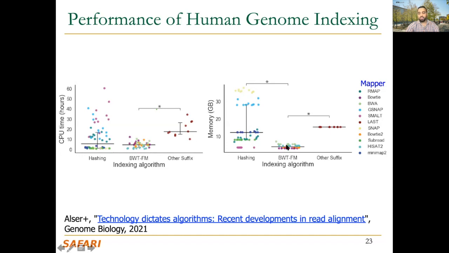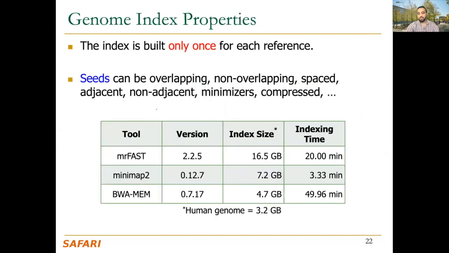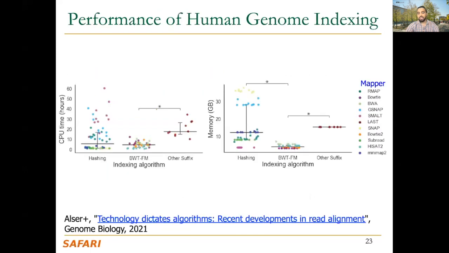However, in memory, the Burrows-Wheeler transformation is well known for compression, providing you a compressed version of the index. That's why it takes the longest to build. You can see here it's 50 minutes to build the index, because it does a lot of work just to compress the index itself.